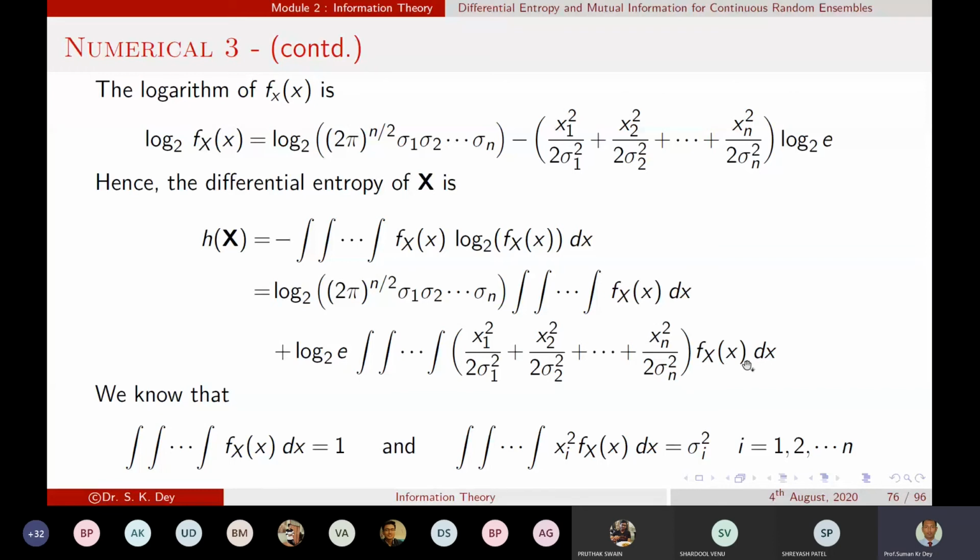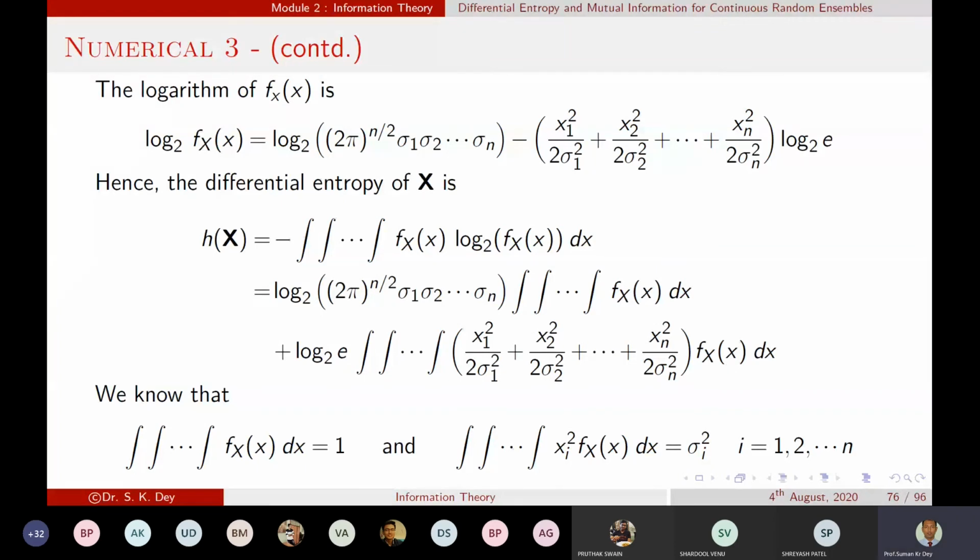Now we know that the summation of the probability density function equals 1. So that's why we have considered this value equal to 1, already we know, and this is the equation for the variance of the given probability density function.